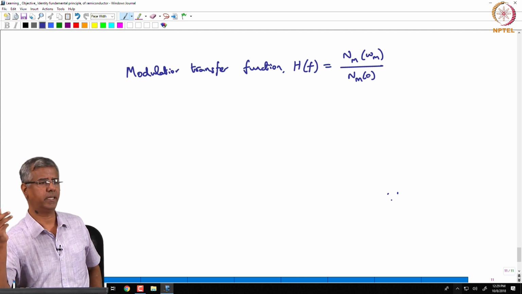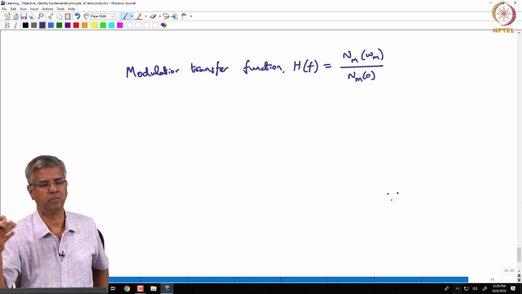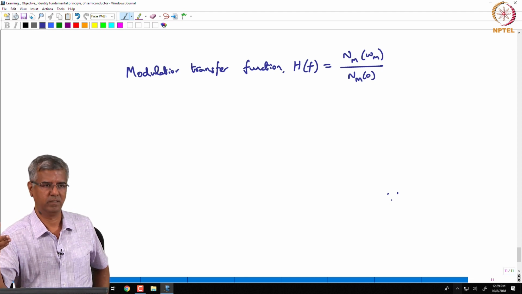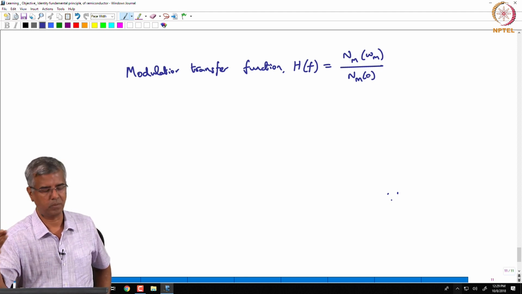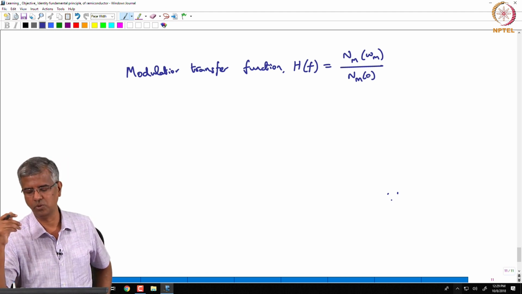Either my recombination process takes some time, so there is actually some phase lag with respect to the injection, or my non-radiative relaxation happens, and that also introduces a phase lag.